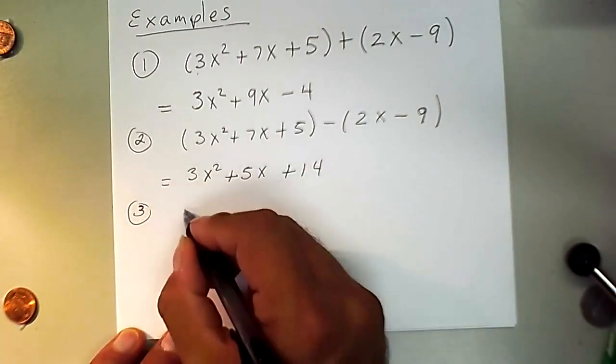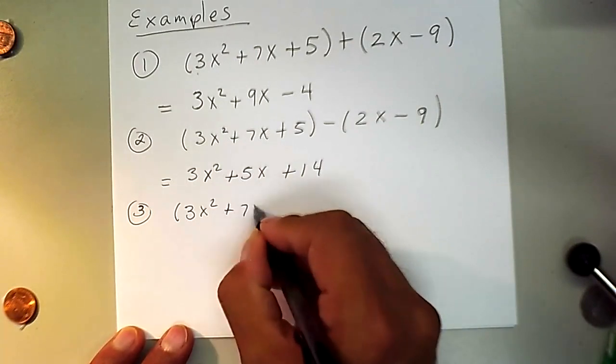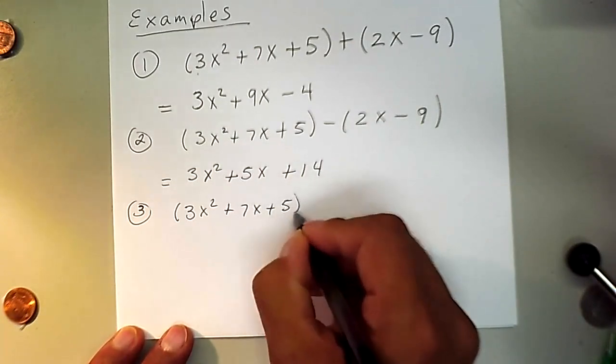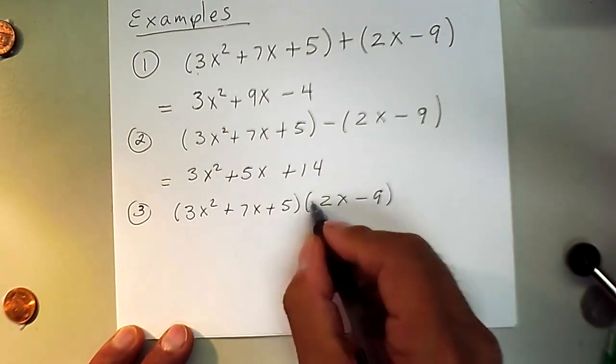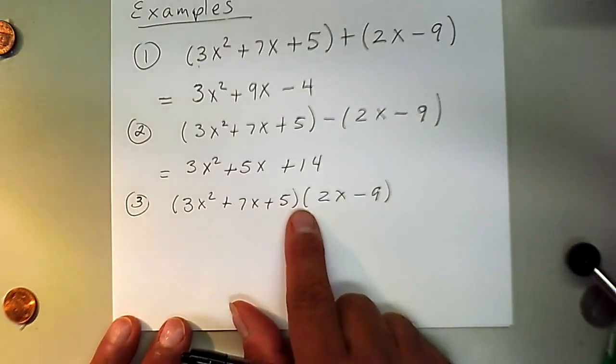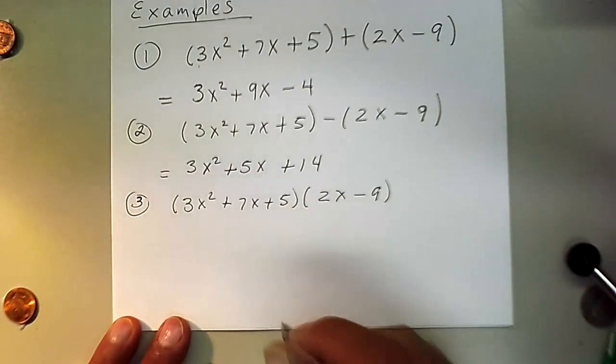How do we multiply polynomials? So let's say we want to multiply 3x squared plus 7x plus 5 by 2x minus 9. No symbol between the two polynomials means we are going to multiply the two polynomials.